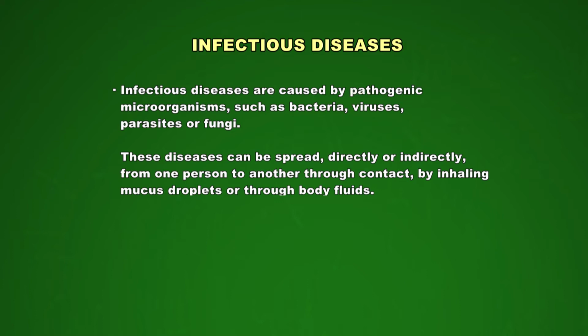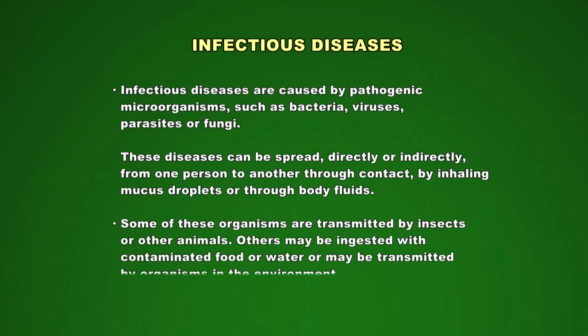These diseases can be spread directly or indirectly from one person to another through contact, by inhaling mucus droplets, or through body fluids. Some of these organisms are transmitted by insects or other animals.